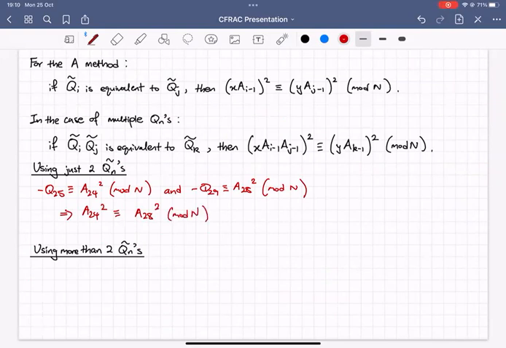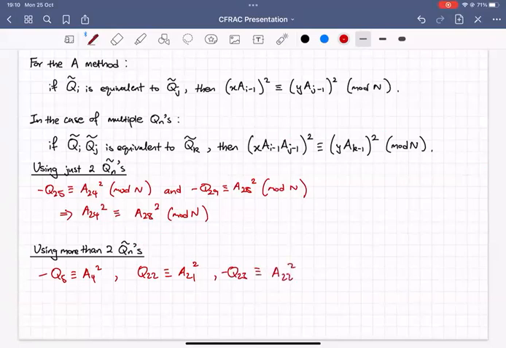To use more than two QNs, using Q5, Q22, and Q23 again. So Q5 like that, Q22, I should put a negative sign, and congruent to A21 squared. Q23 is A22 squared. So recall that Q5 is 2 times 5 squared times 41.